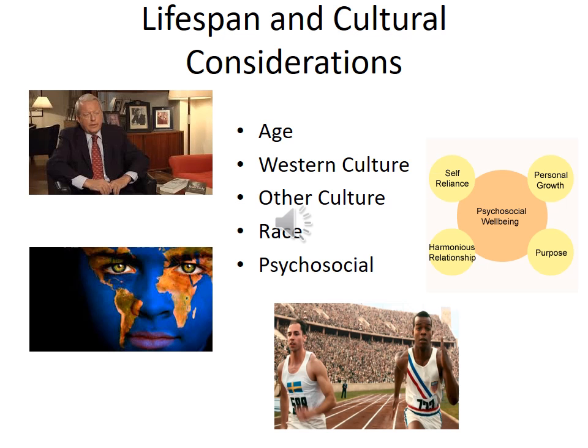Lifespan and cultural considerations. So we all know etiologically, whenever you look up any disease process, one of the first things is age, right? So we look at their age. There's also that social component that we're looking at with history of family members who have maybe had these disorders. So that's, I don't have it up there, but that's that genetic component.